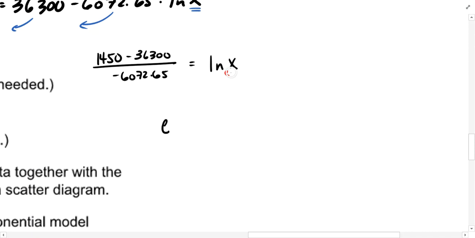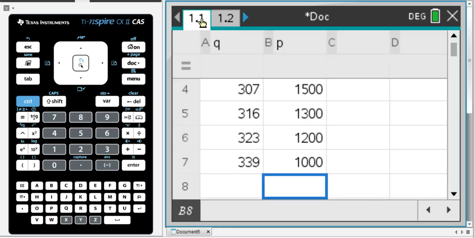So the base of the exponent is the same as the base of the log, and the new power of the exponent is the result of the logarithm that we had from the step before. So we're going to take e and raise it to the power of 1450 minus 36,300 over negative 6,072.65. And the result of that computation should give us our value for x.